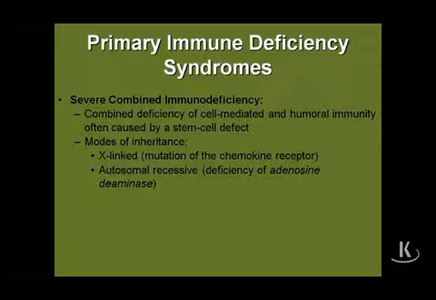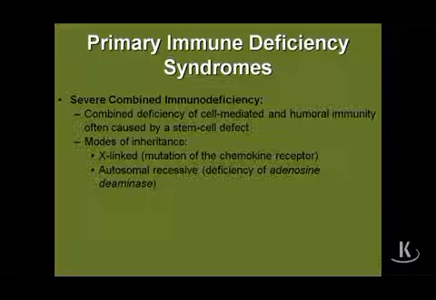Remember, we talk about these small polypeptides that help recruit cells in an inflammatory process, as well as for different cells to interact, as well as viruses. Remember, the AIDS virus requires a chemokine receptor besides the CD4 helper cell receptor in order to get entry into CD4 positive cells. Then the autosomal recessive form that you've learned about involves adenosine deaminase.